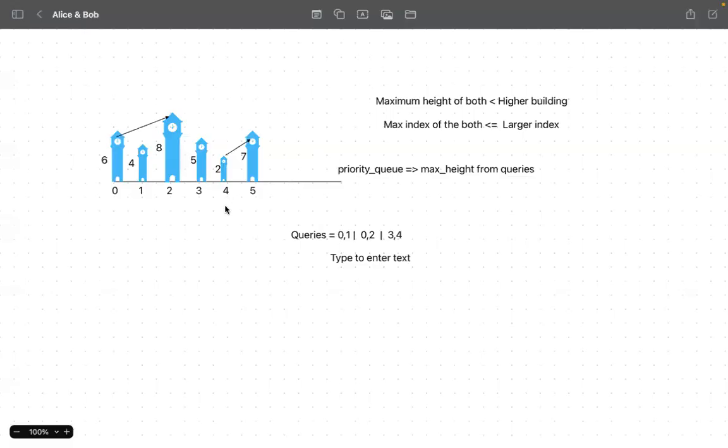I think you got it. So anytime there are two given indexes, and if the second index has higher height, obviously that will not go into the priority queue. That will be served right away. Like this one, 0 2. Eight is higher and it's served right away.